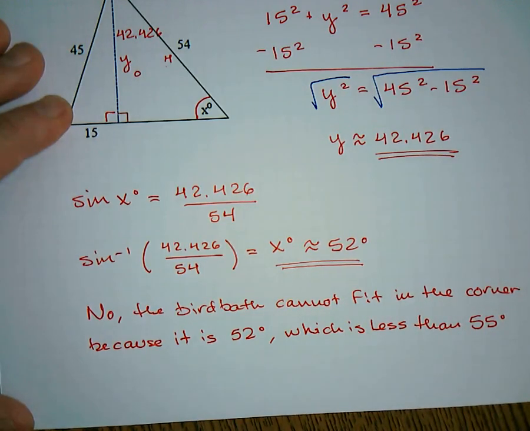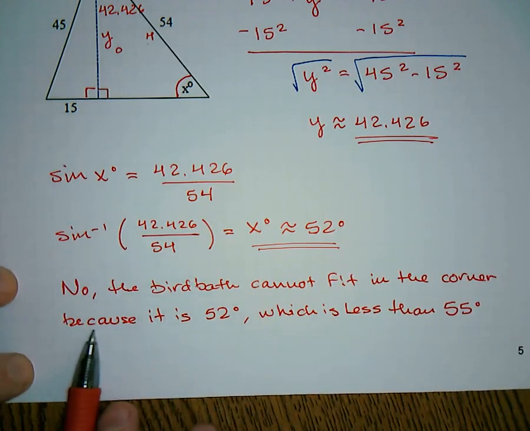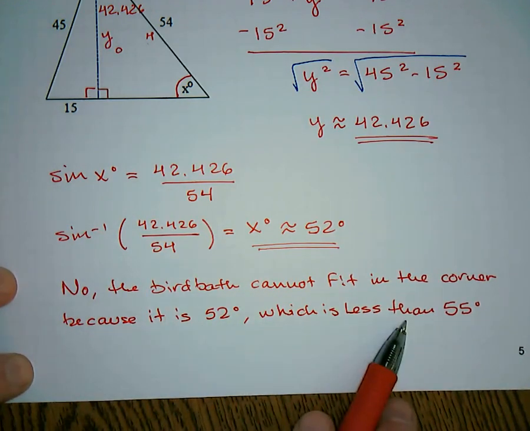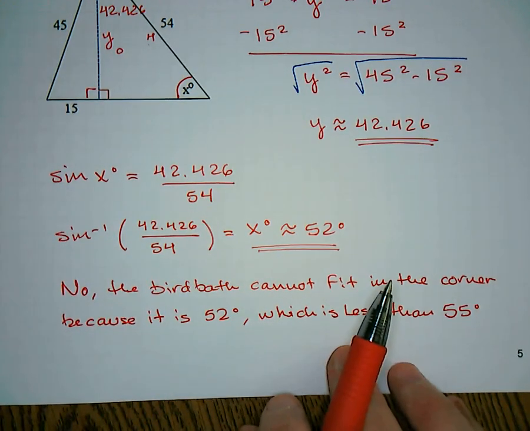So when you're explaining stuff, you want to show your work, use your formulas, have your conclusion, show what numbers you have to be able to reach that conclusion. 52 being less than 55, that's why our answer is no.